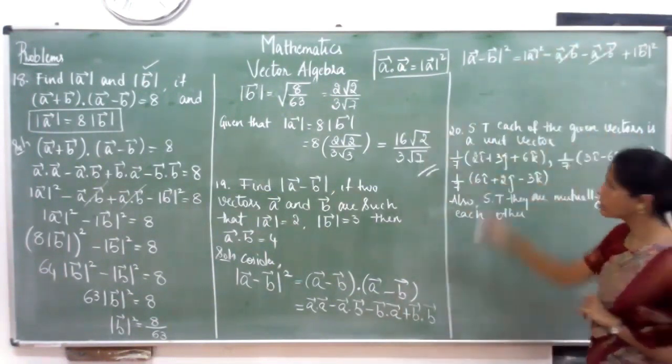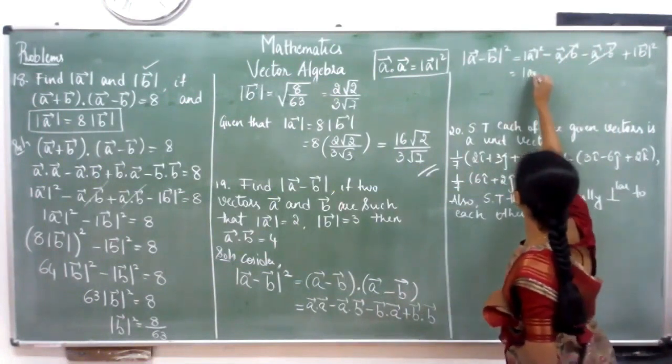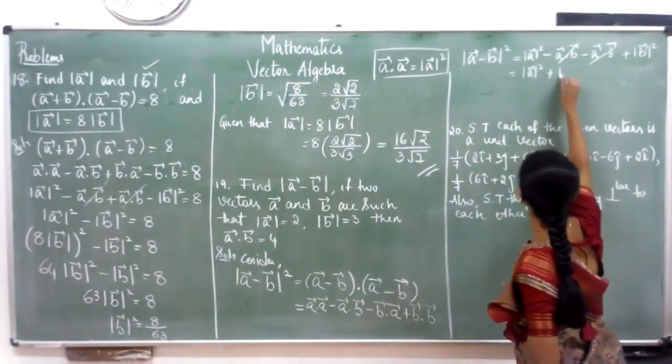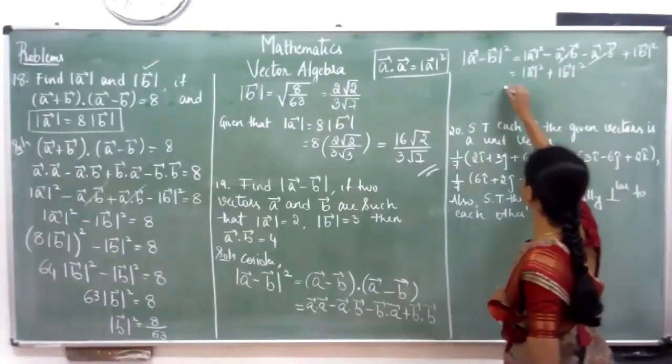The middle terms get cancelled, so you have the magnitude of vector A whole square plus the magnitude of vector B whole square.